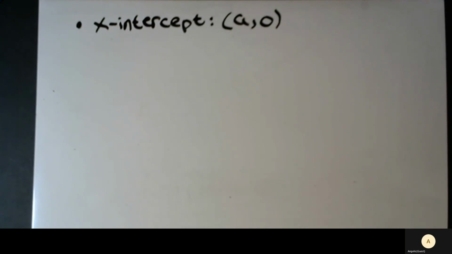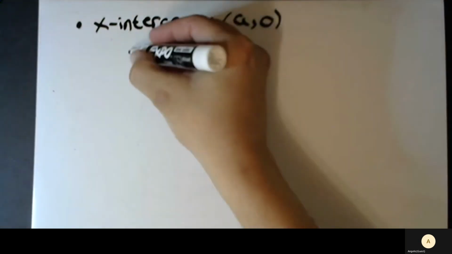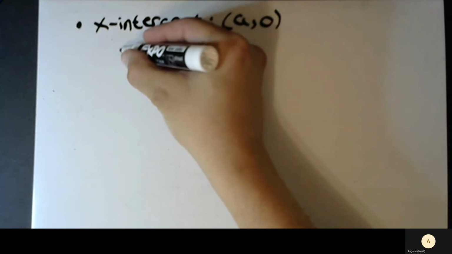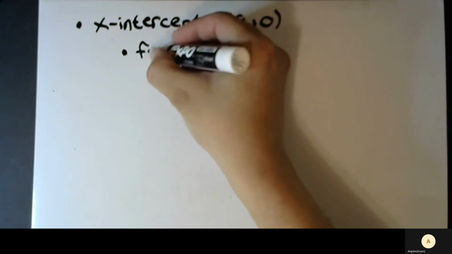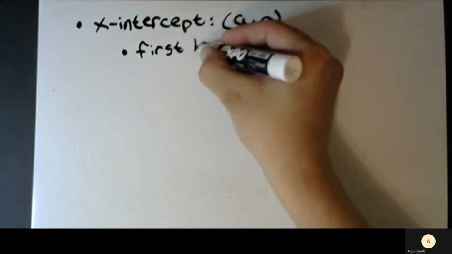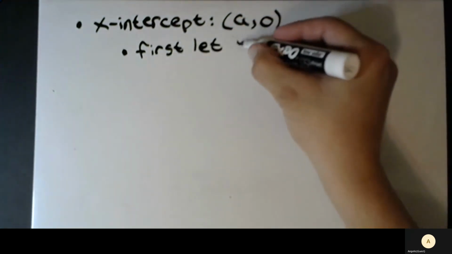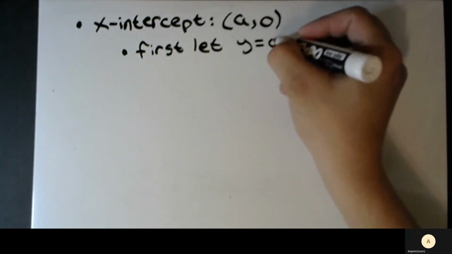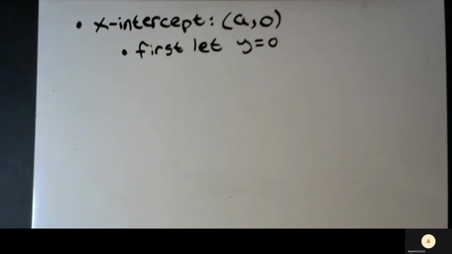So how do you find this? Well, first, let y equal 0. This is how we're going to find the x-intercept from using a linear function, f of x equals mx plus b.